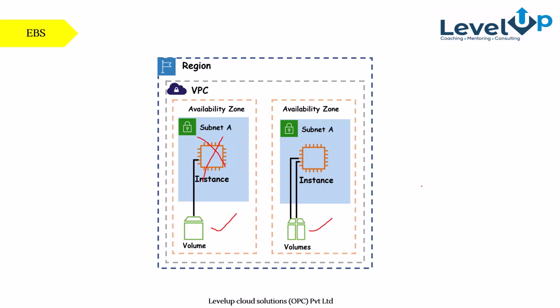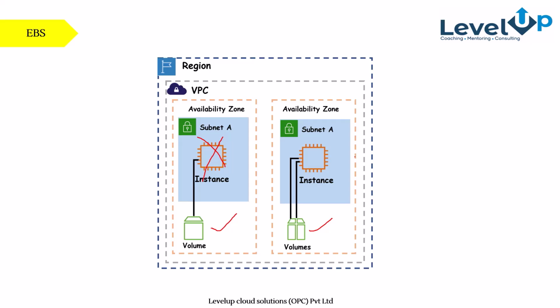In those kinds of scenarios, EBS is well suited. With the help of EBS, we can increase the storage size of an EC2 instance. You can simply say these are like external hard disks attached to the EC2 instance, so the EC2 instance will get more storage space.